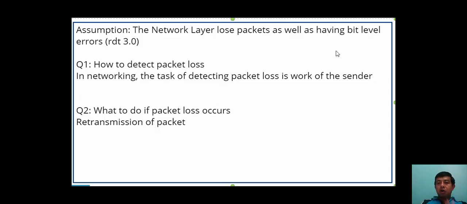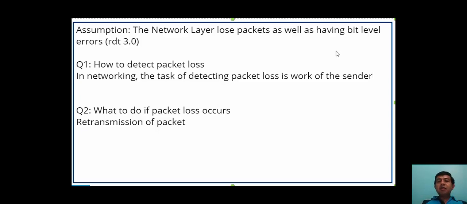If a packet got lost, that means that packet never arrived at the destination. It never arrived at the destination means it won't send any acknowledgement. Whether it is received correctly or incorrectly, that particular question will arise only when the packet arrives. Now, if the packet got lost, then obviously the destination would never send an acknowledgement.